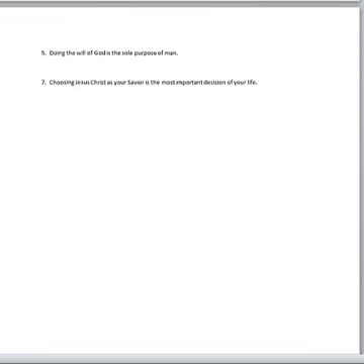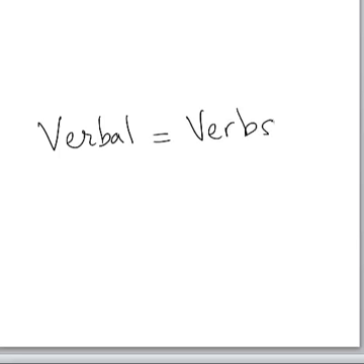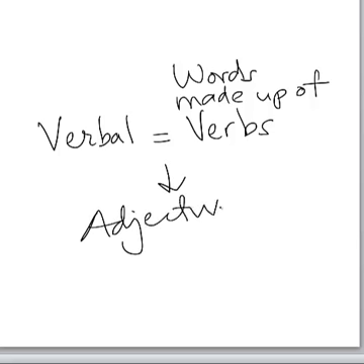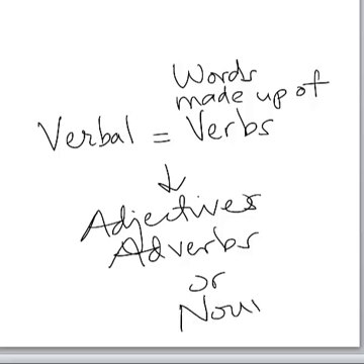Okay, so let's go down here to this little page down here. Remember, a verbal is words made up of verbs that act like either adjectives, adverbs, or nouns.